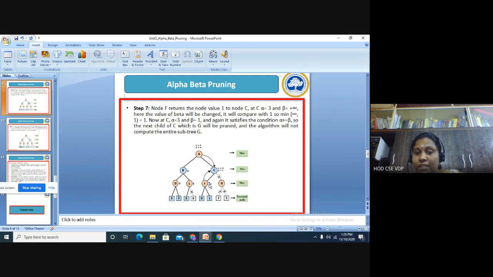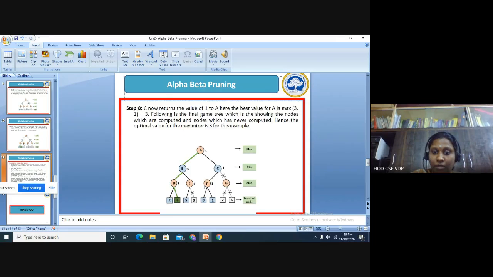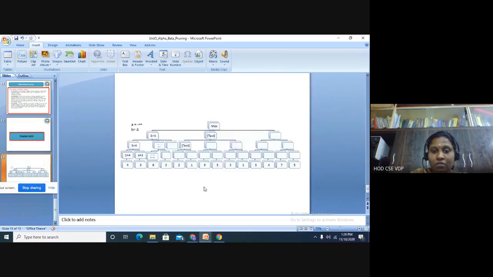Though you are assigning this 1 to alpha, alpha still remains 3 because the maximum of 3 comma 1 is 3, and beta is still 1. I'm not changing beta at this place because this place is a maximization strategy. But the node value assigned to F is only the 1. 1 means the S value, which is taken from the child node to the parent node. I will not take the value of 3 as my node value here. So don't make that mistake.